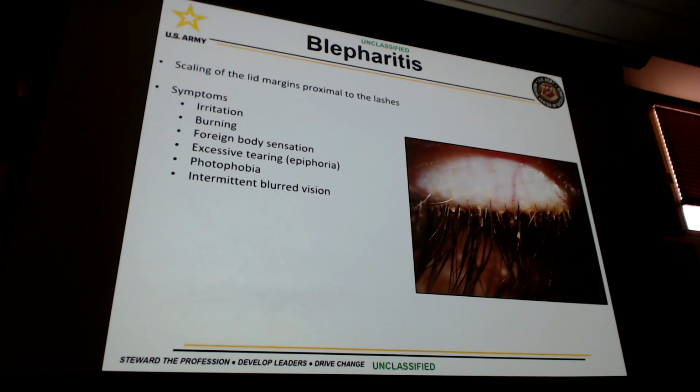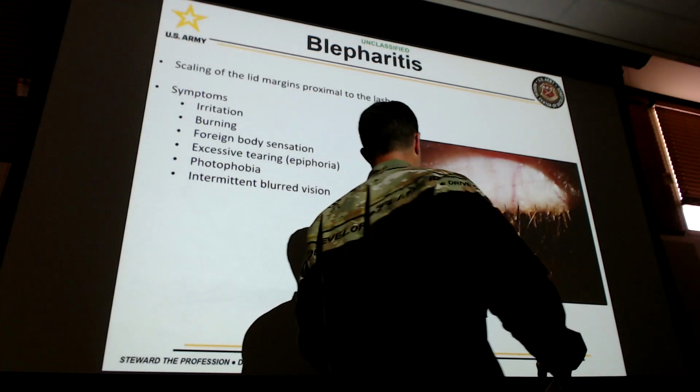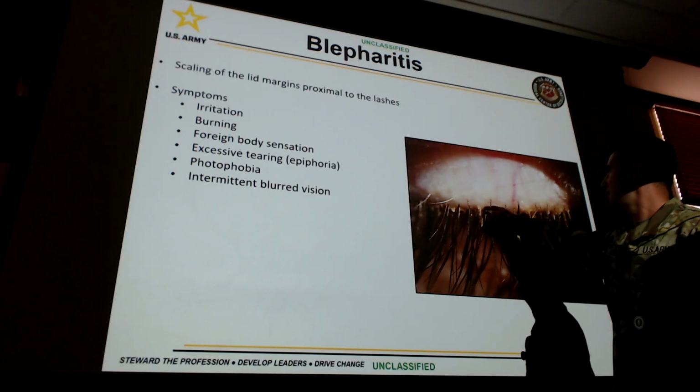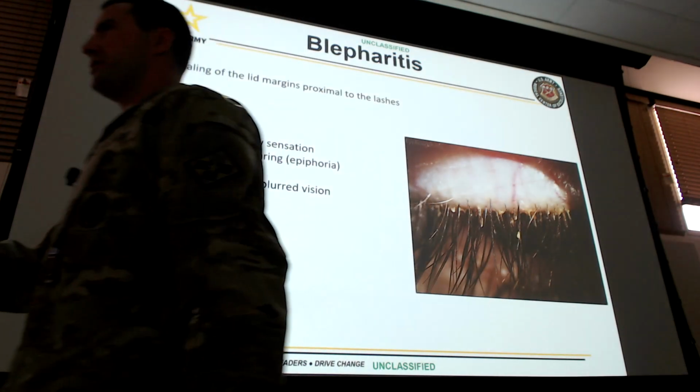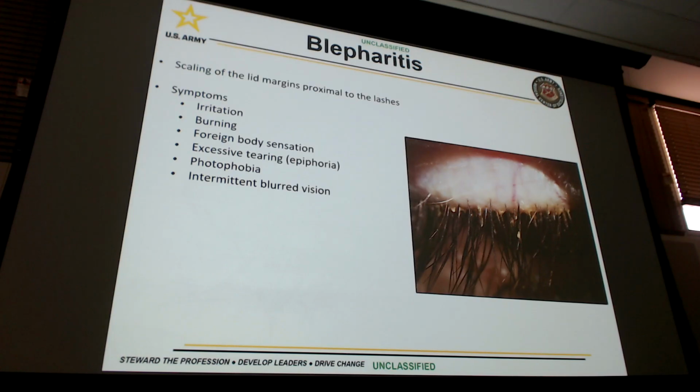Let's go back to this picture here. So these crusty margins right here that you can see kind of coming out like a cone shape around the lash itself, that is poop.